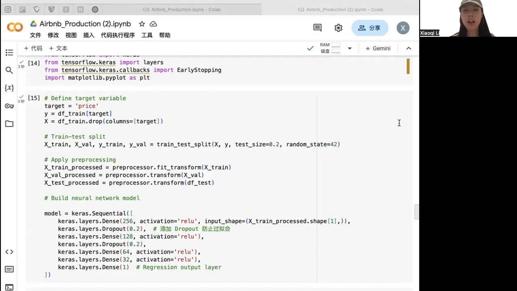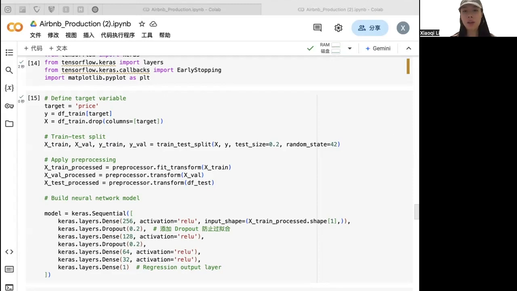Input layer is 256 neurons with ReLU activation, with input shape matching the number of the features. Dropout layer randomly drops 20% of the neurons to prevent overfitting.